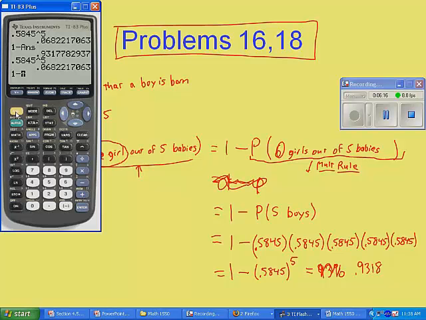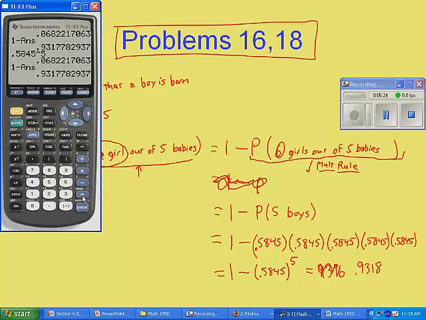You could hit the second key, and then hit that ANS, that negative sign, and it shows up. So there's 93%. 93% of the time, you'll get at least one girl out of those 5 babies.